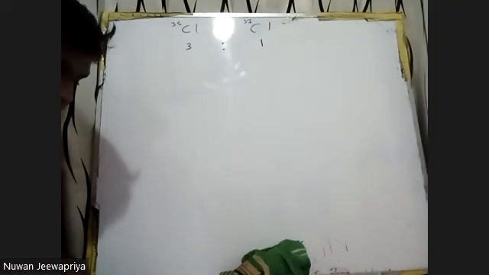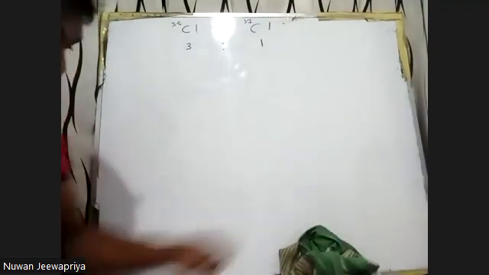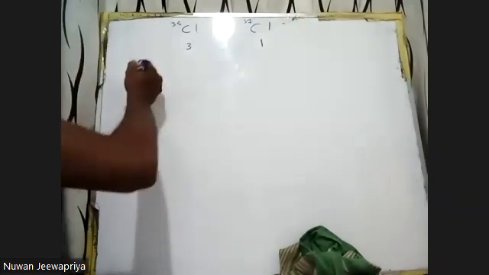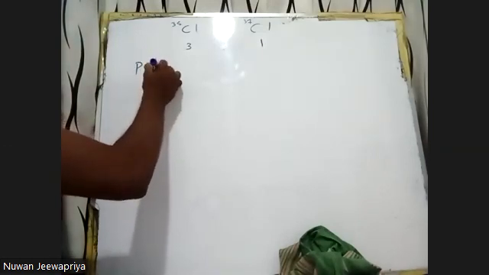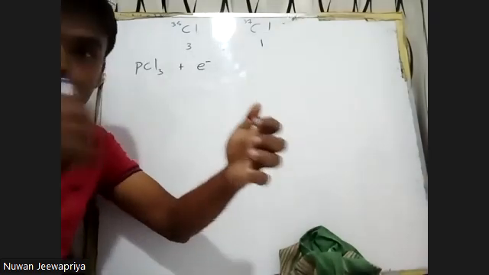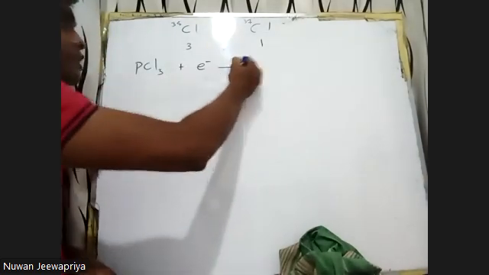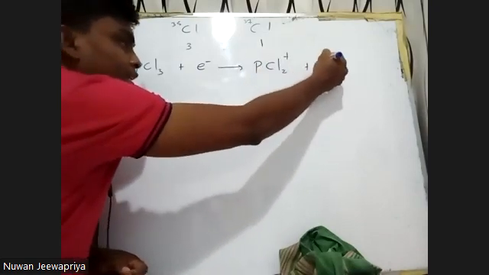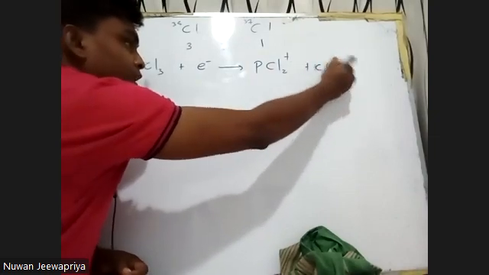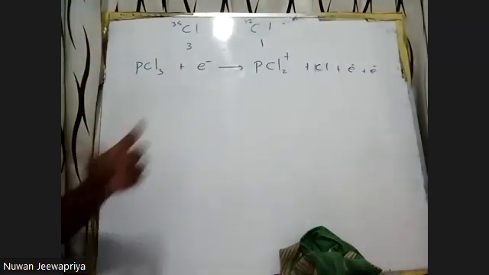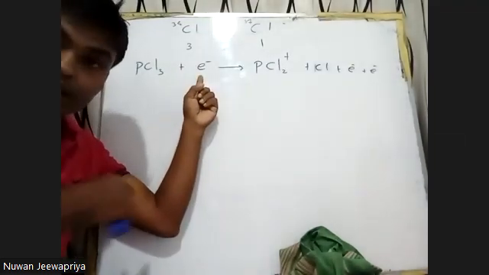When I consider the PCl3 example, a high-speed electron comes and bombards it, and it becomes PCl2 plus, with one chlorine separated, plus an electron and another electron.